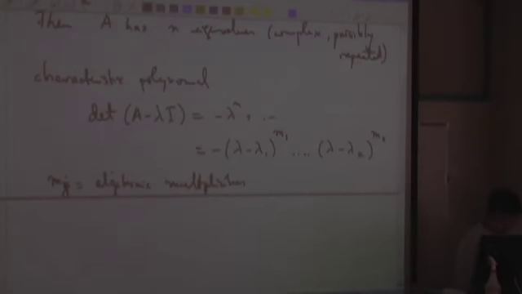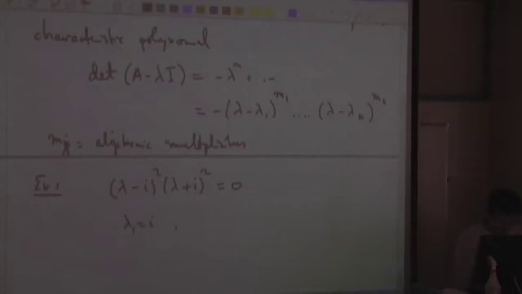So, like the example last time was, I don't remember what the matrix was, but we ended up with the equation lambda minus i squared times lambda plus i squared equals 0, right? So it means I have lambda 1 equals i and lambda 2 equals negative i, each with multiplicity 2, right?